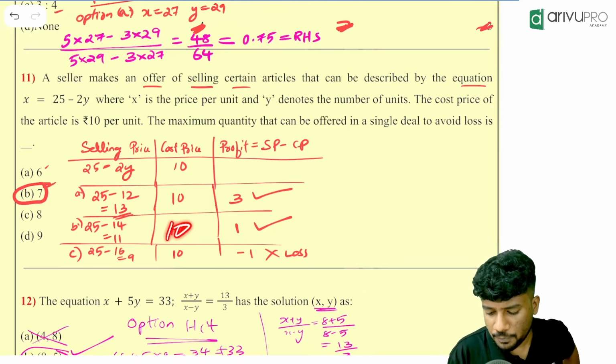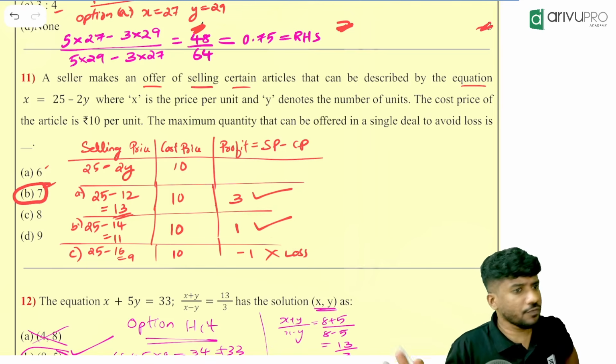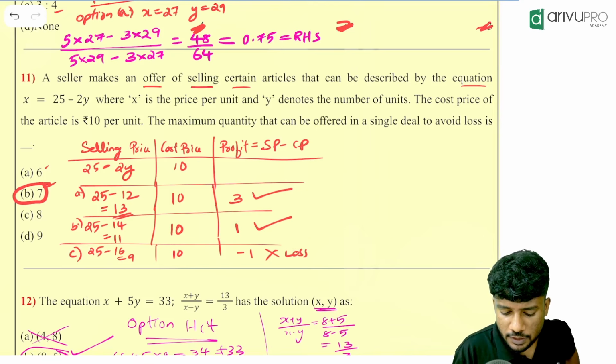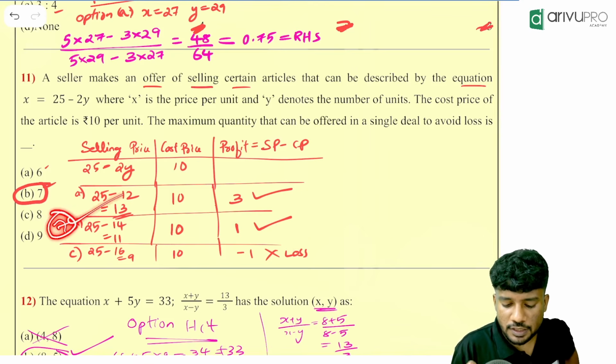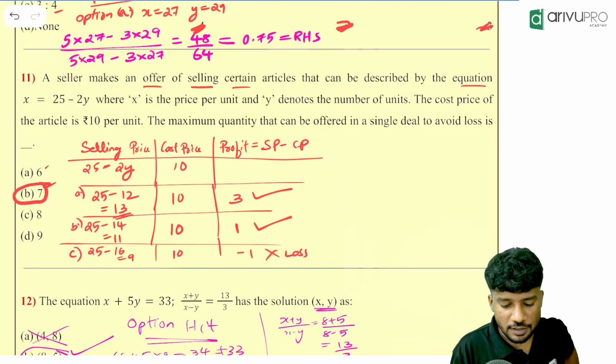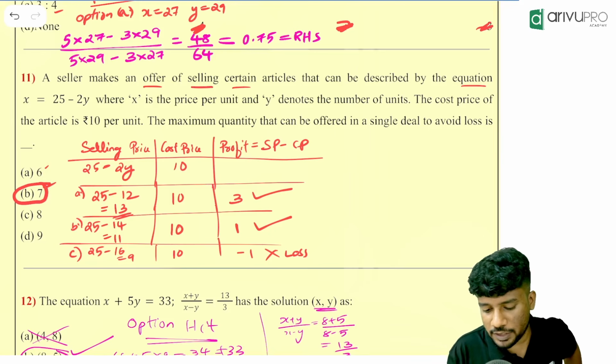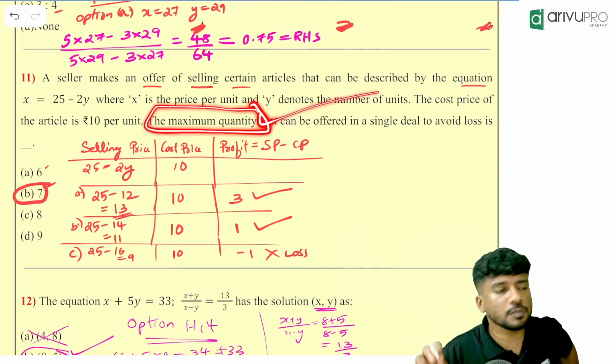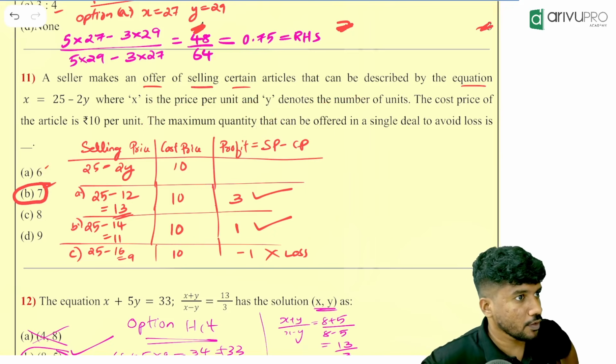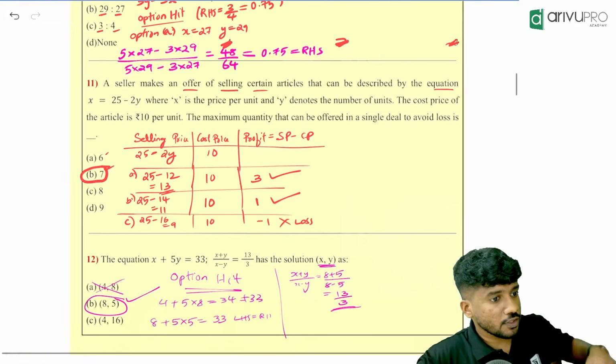Cost price is 10. Then profit will be how much? 11 minus 10, which is equal to 1. So we are getting a profit. Now how many quantities are sold? 7 quantities are sold in the second option, while in the first option only 6 quantities are sold. They are asking for the maximum quantity that can be offered. Okay, Sukrita? Understood that?